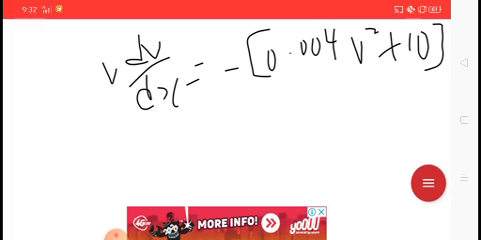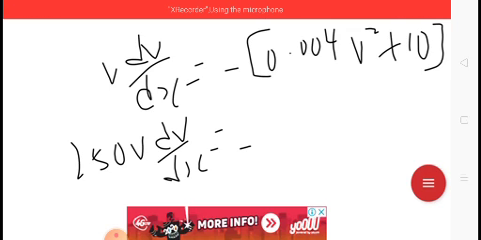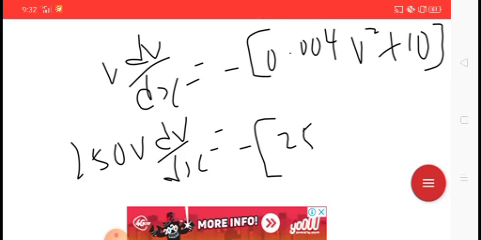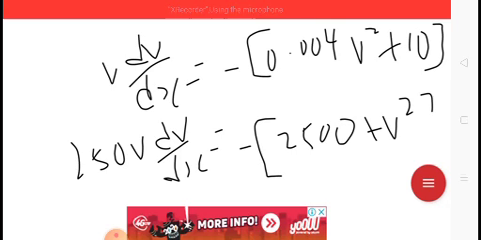Okay, so the question has 250, multiply by 250, and you will have 2500 plus v squared. Alright, so this is for question A. So you will form the equation required by the question.